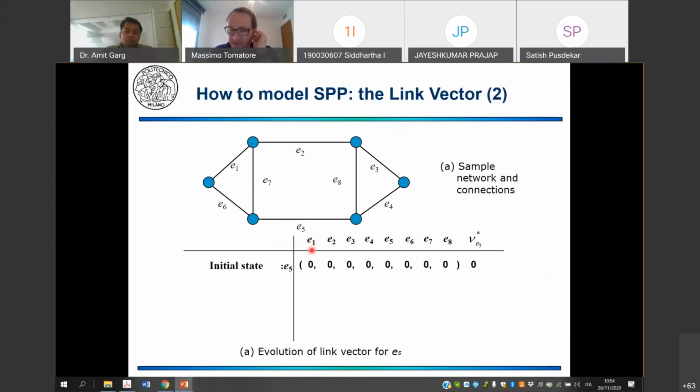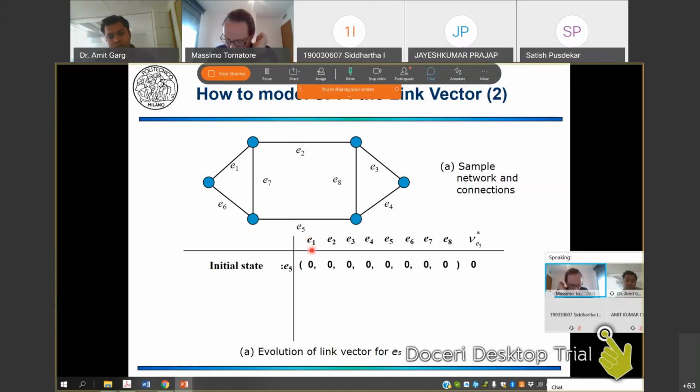So at the beginning of time, we have no connections in the network, so the link vector is all zeros, okay? Each element of the link vector says how much backup capacity I need on link, for example, E1, when link E5 fails. Okay, this is the information of the link vector. So let's see it in action.